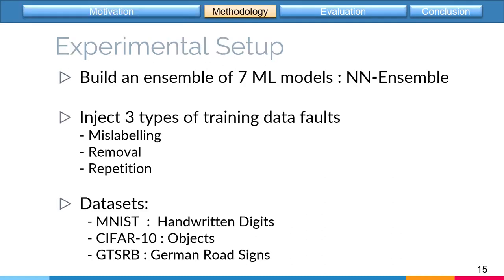For our experiments, we build an ensemble of 7 architecturally diverse ML models, which we refer to as NN Ensemble. We inject 3 types of training data faults at varying amounts across 3 standard datasets. These datasets include MNIST for handwritten digits, CIFAR10 for objects, and GTSRB for road signs.